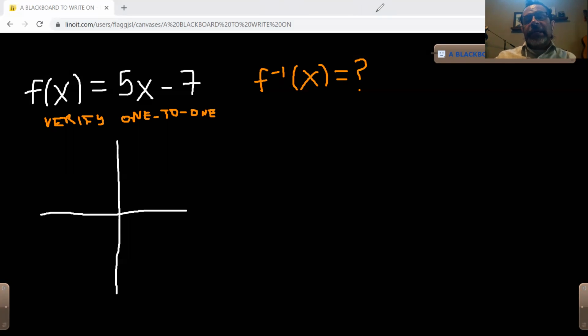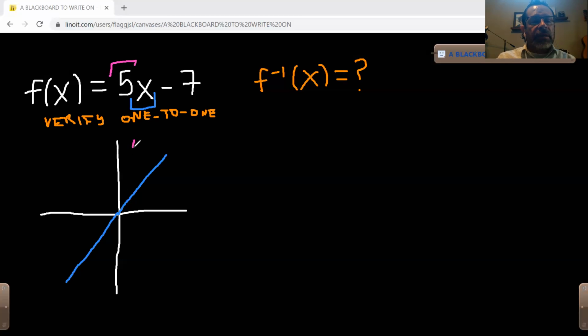I hope it is clear to everybody that the original function is a line. Remember that I always draw the original in blue. This is the original function, and I'm multiplying it by 5. So this generates a stretch.